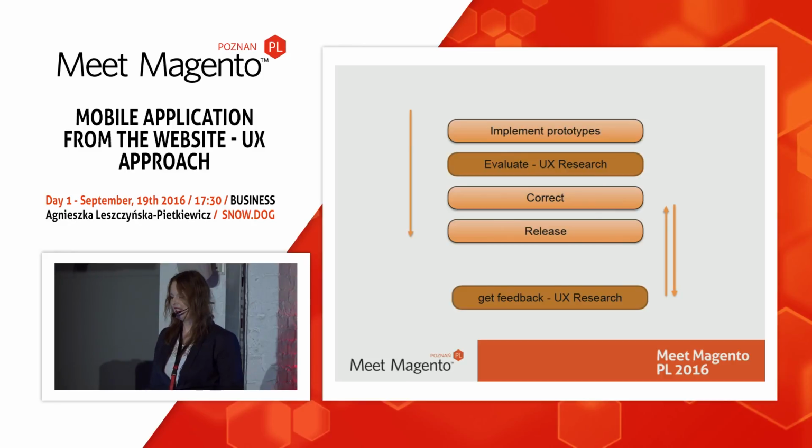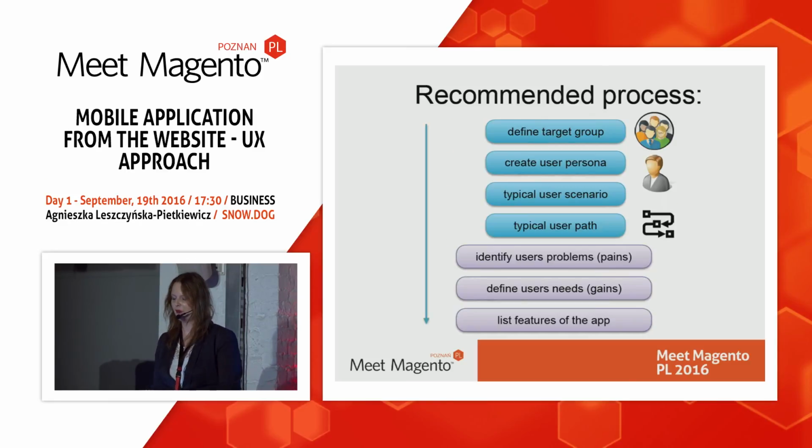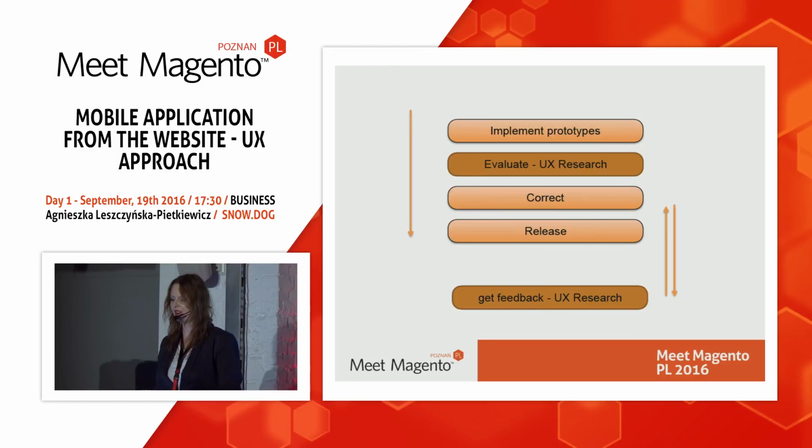So basically, creating the app based on your website is to get information about your users, analyze them, later design it, implement, compare, and do some UX research, and later release and repeat the last steps again.